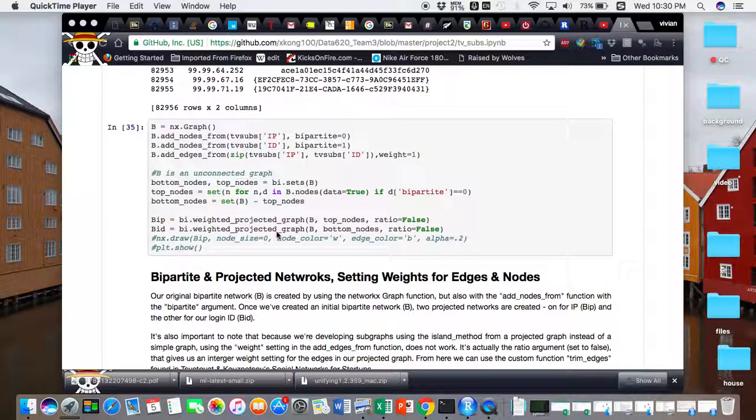From the initial bipartite network, we also created the projected network for the IP addresses and the ID account.